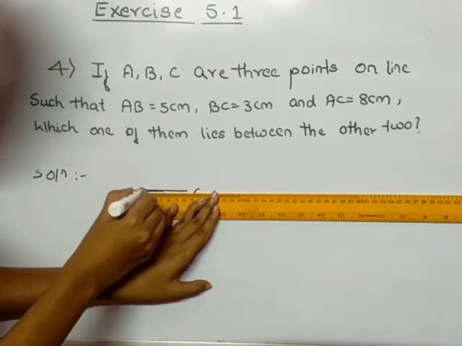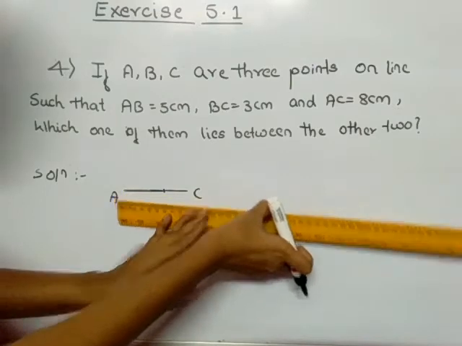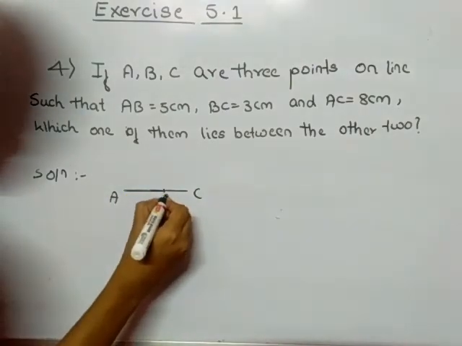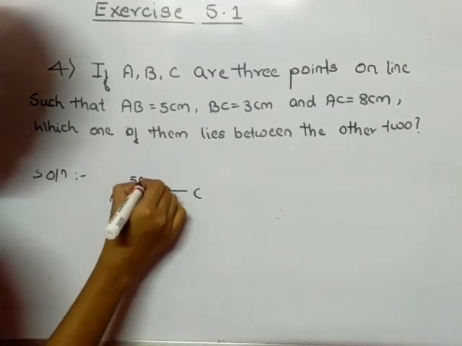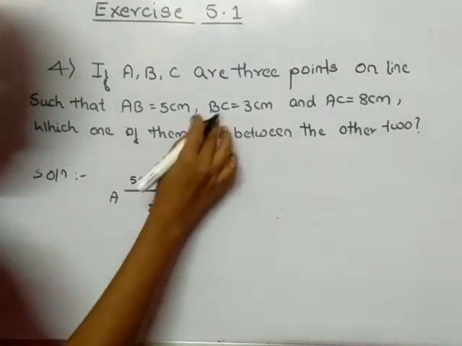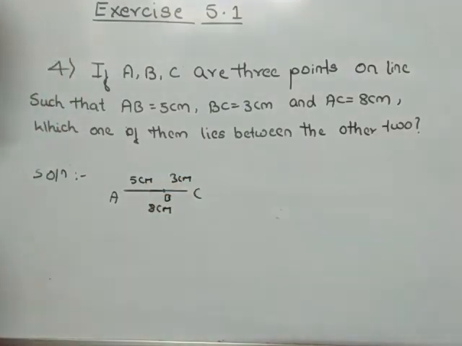It is here 5 centimeter. From here it is. This will be what? AB now. This point is AB. Means from A to B it is 5 centimeter, and B to C it will be 3 centimeter only. Right? We can observe that.